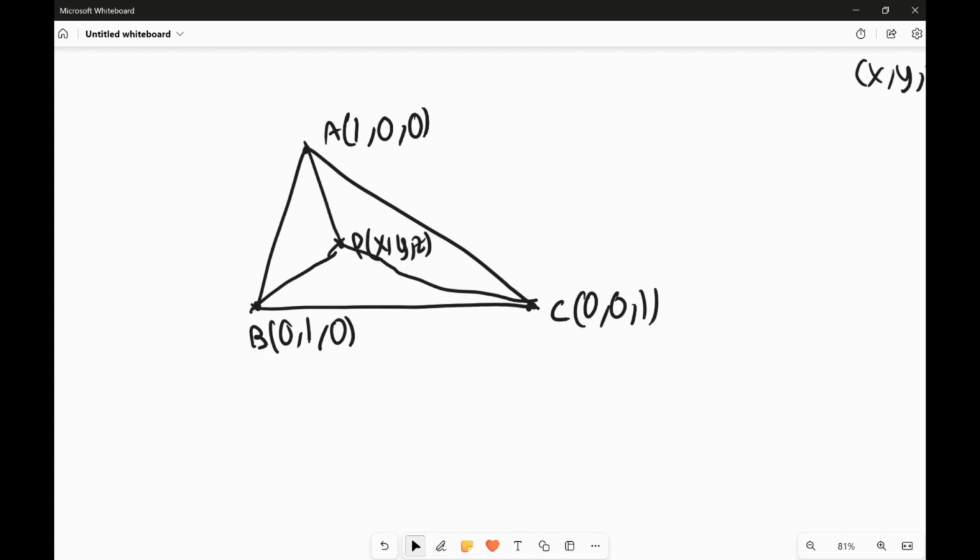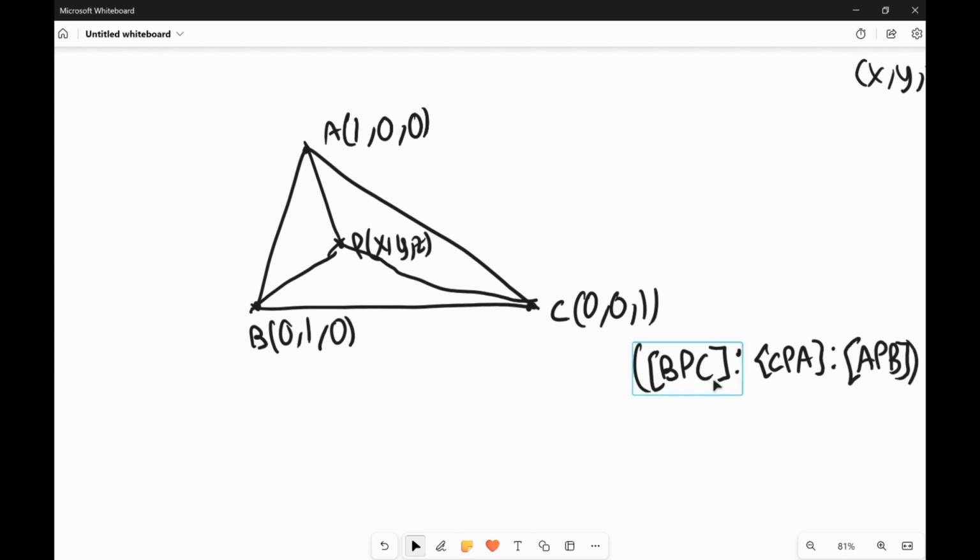A good way to remember the barycentric coordinates is that they are the area of BPC, the area of CPA, and the area of APB.